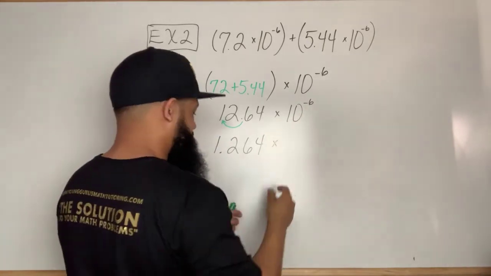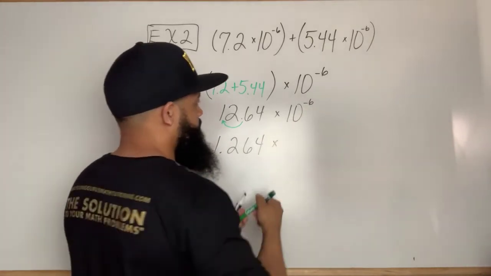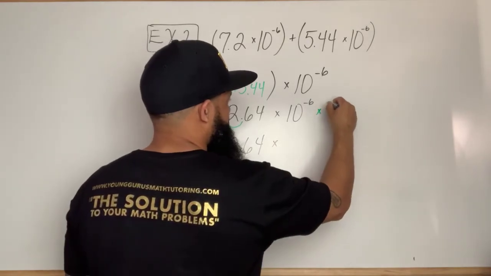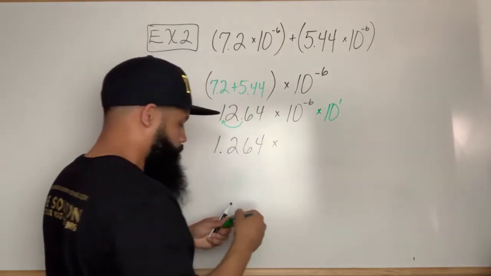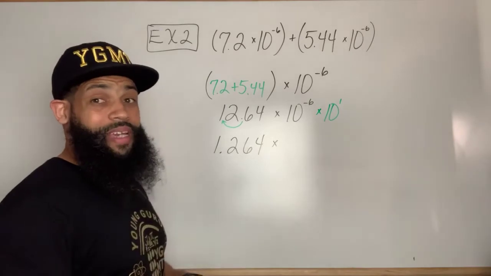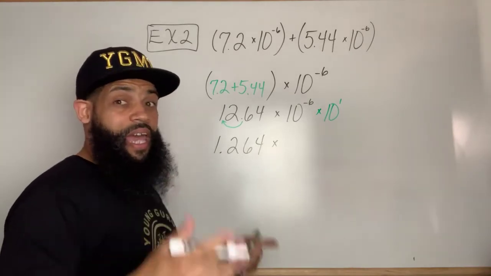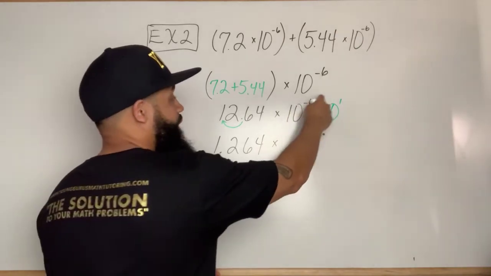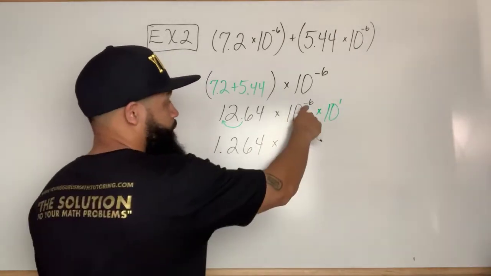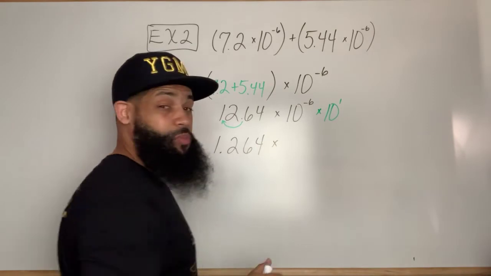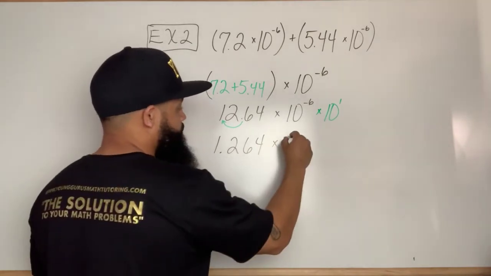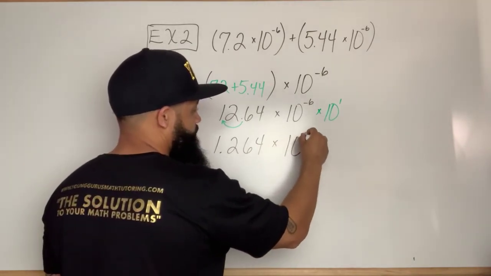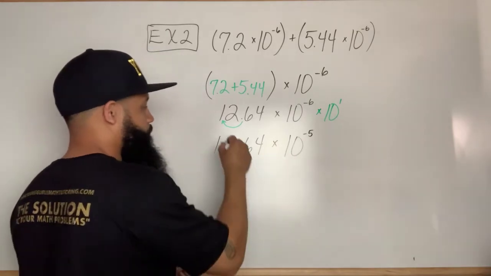So if I say times 10 to the 1 power, remember when you're multiplying exponents, you have to add the exponents. They have the same base, so we can simply just add the exponents. Well, negative 6 plus 1 gives me negative 5. So this is going to be times 10 to the negative 5 power.